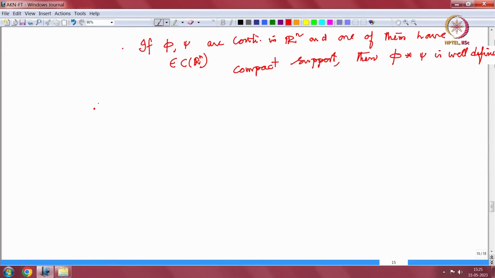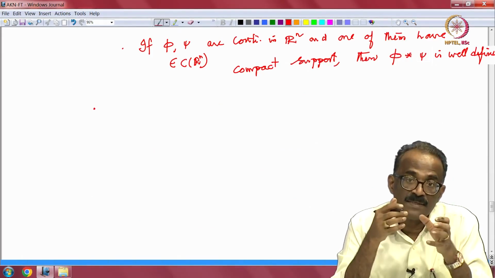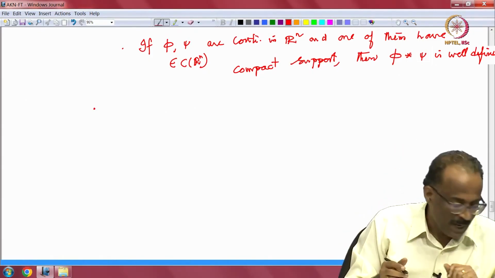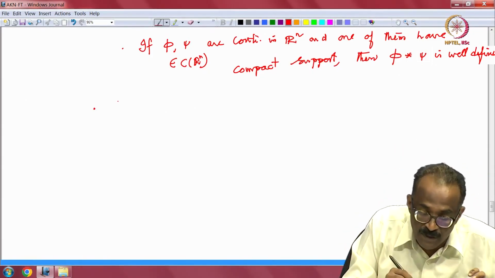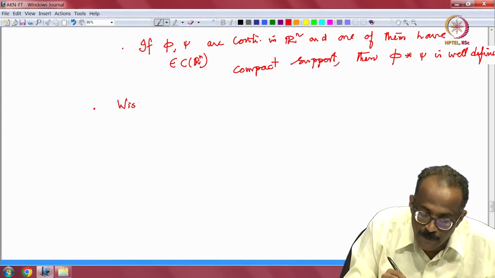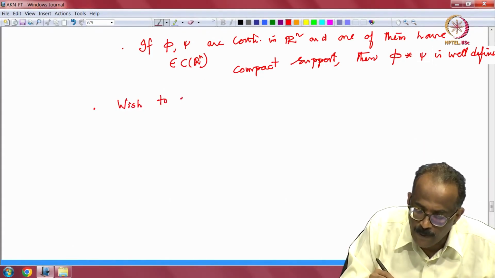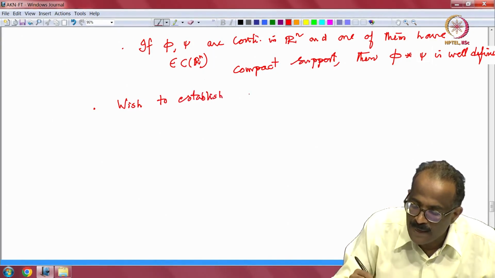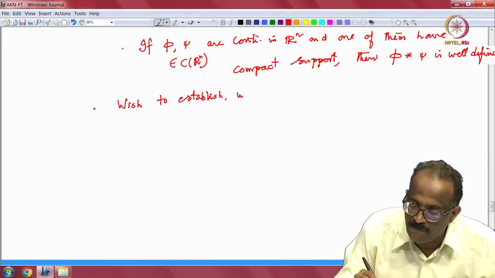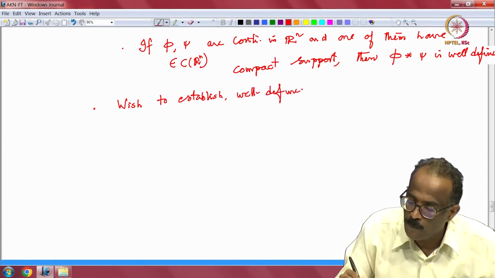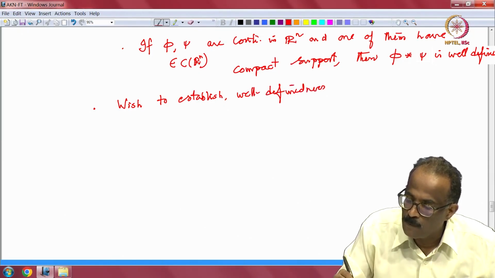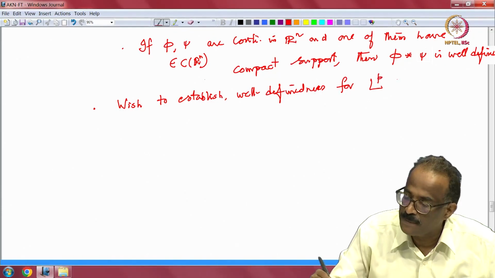On the other hand, we want to establish for what sort of phi and psi the convolution phi star psi is well defined, that is, well definedness for Lp functions.